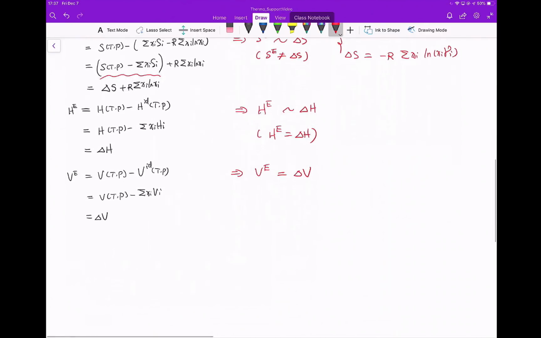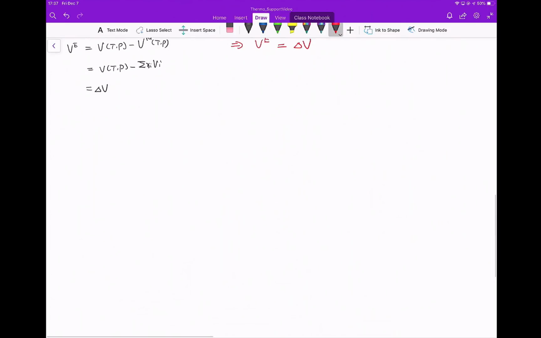So the general information is, if we want to calculate the excess property, we try to connect that with the mixing property M. For that mixing, I need to calculate the partial, and I'd better understand the pure, and I can go from there to finish all my calculations.